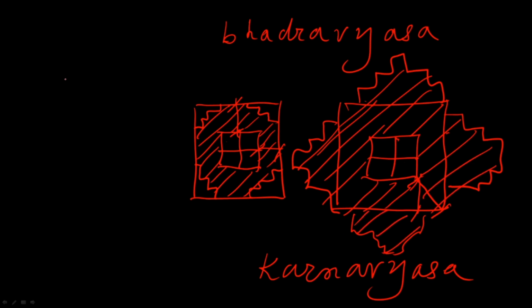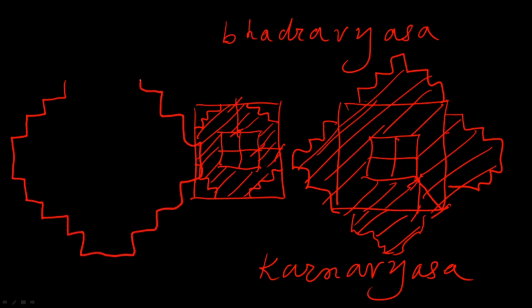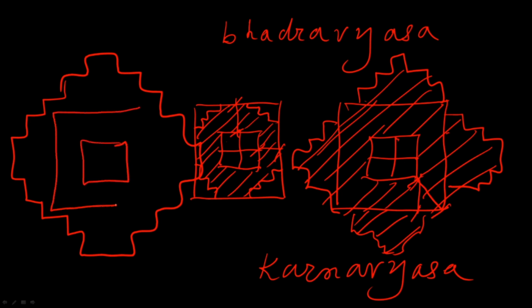In principle, all these temples will start becoming diamond shaped in overall form, but what will vary is if the temple is karna vyasa, the sanctum will be small. If it is bhadra vyasa, the sanctum will be much larger.